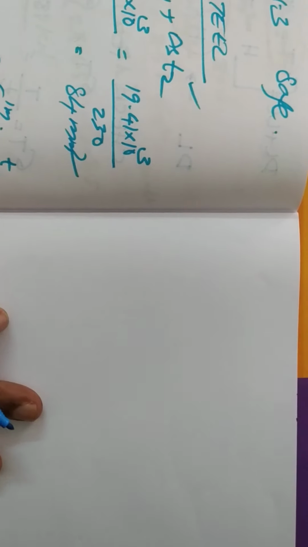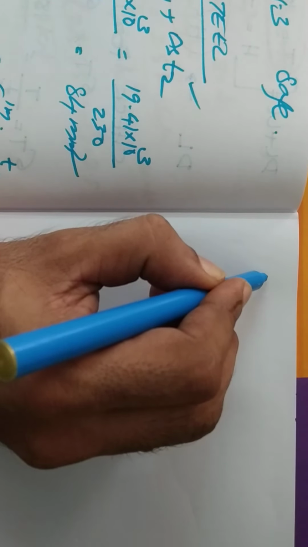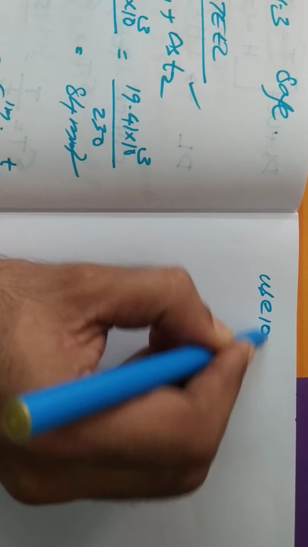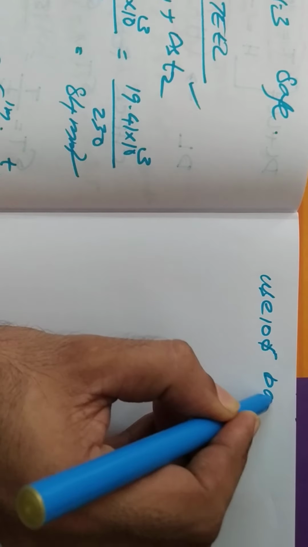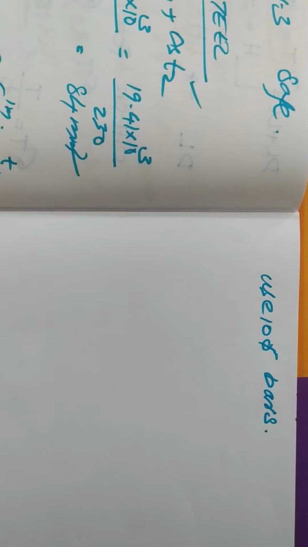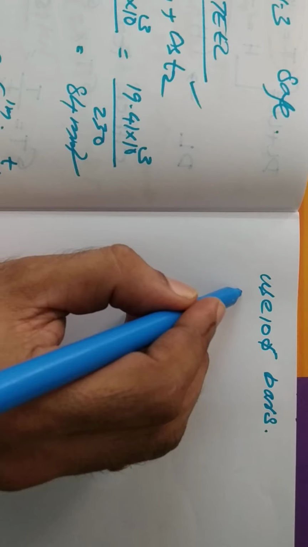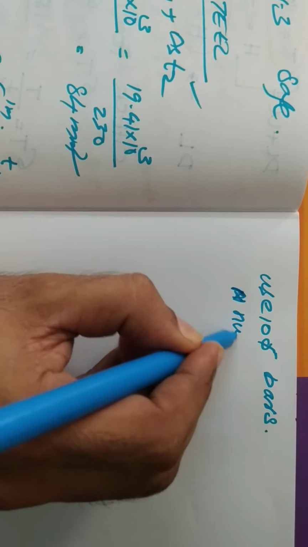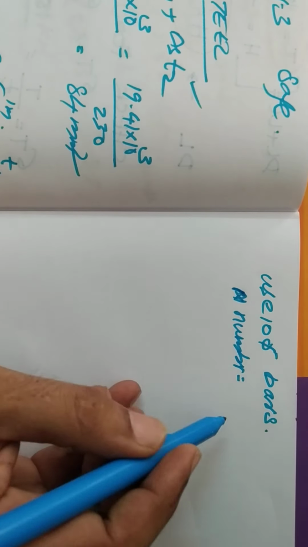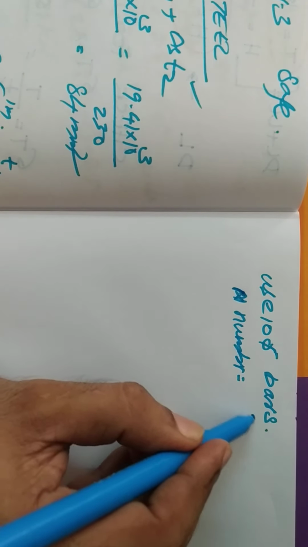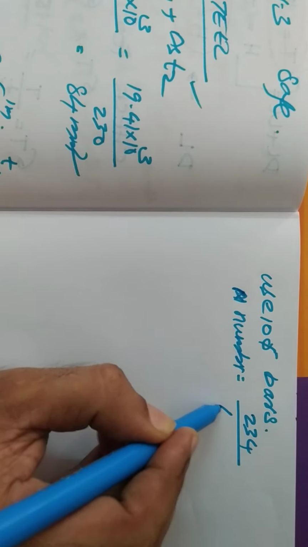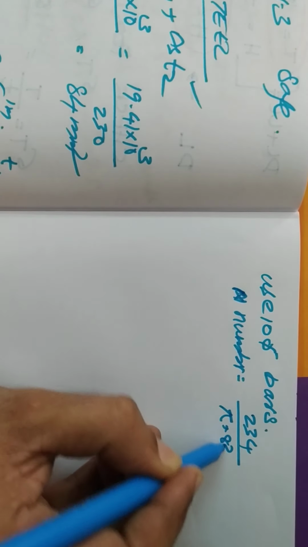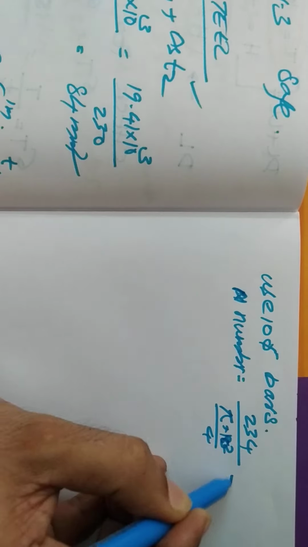Okay, so the next step is let us find out the area of steel. Okay, so use 10 dia bars. Let us use 10 dia bars. So number of bars is equal to 234 divided by pi d square by 4.